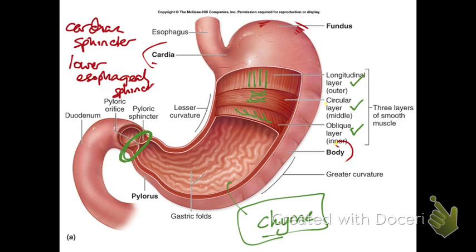And that is how the food products leave the pylorus. Once that chyme leaves the pyloric sphincter, it is now in the first part of the small intestine, referred to as the duodenum. You'll hear duodenum or duodenum; I'll flip back and forth in my pronunciation.